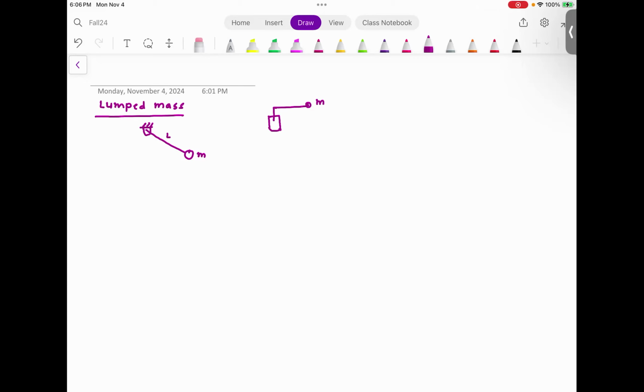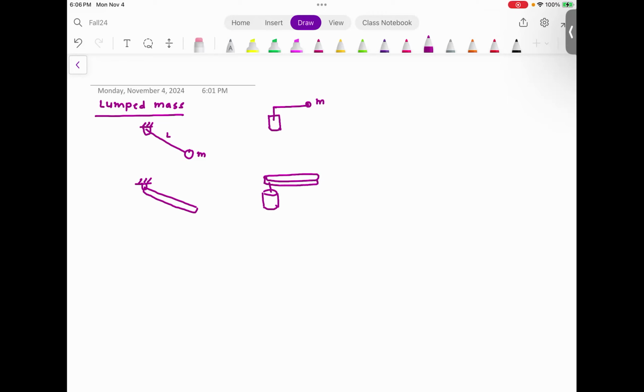In today's class, we are going to relax this assumption and we are going to look at the case when the mass is distributed. So imagine that you have a robot wherein you have the revolute joint, you have the motor, and then there is this mass that is distributed.